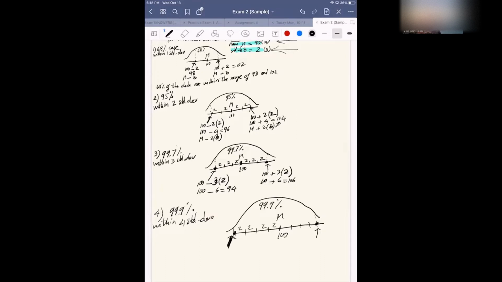Yeah, keep subtracting 4 times of the 2, like 100 minus 2, minus 2, minus 2, minus 2, 4 times. All right, good. So now you guys know the pattern already, right? It's a 92. Or you can also take the 100 minus 4 times the standard deviation, and you get the same thing. All right, now you know the pattern.